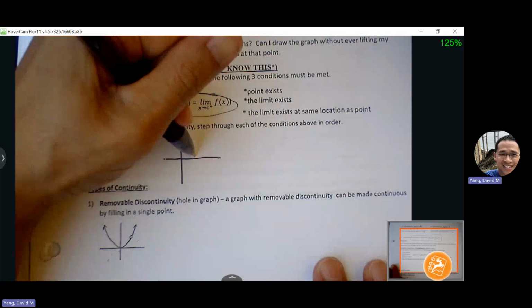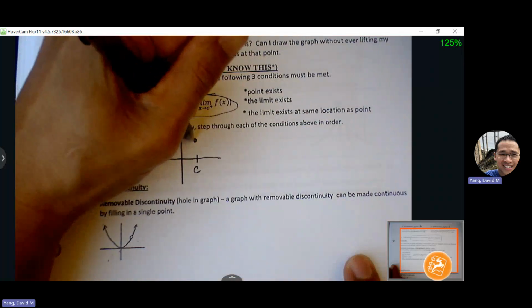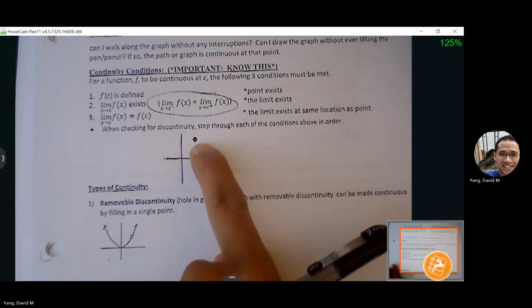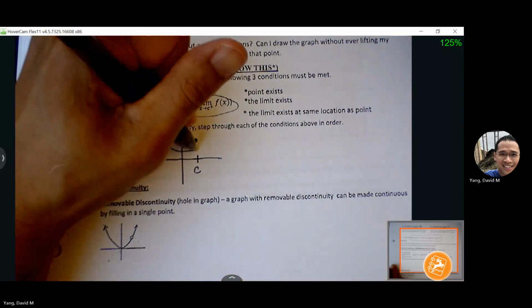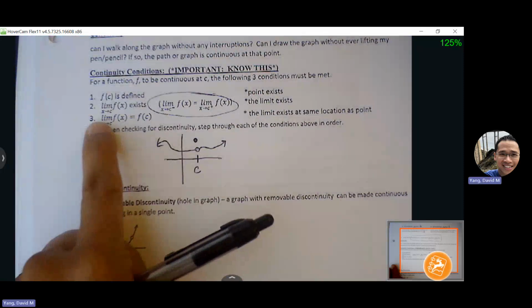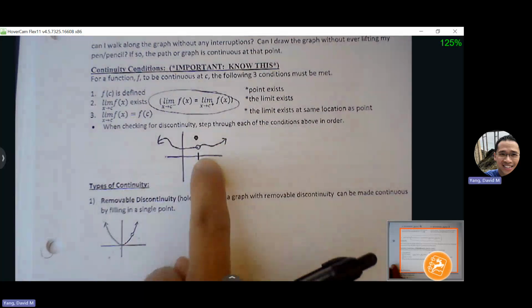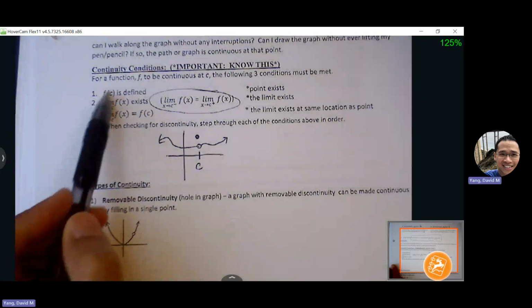Let's say we had a c value, just some arbitrary x value on the graph. f of c is defined, so if there was a point here, then it would pass the first condition because the point is defined. Second condition, let's say the graph looks like this. Would the limit exist as we approach c? With this graph, would the limit exist?